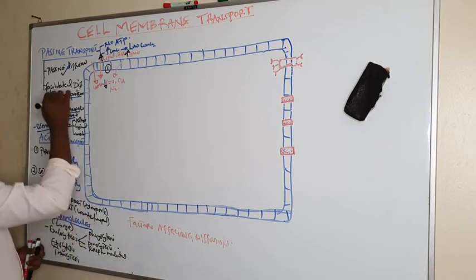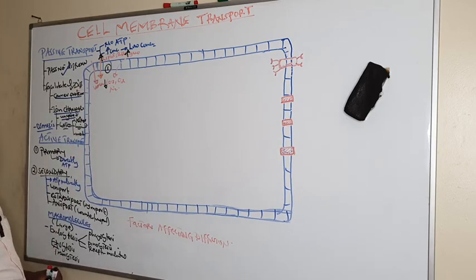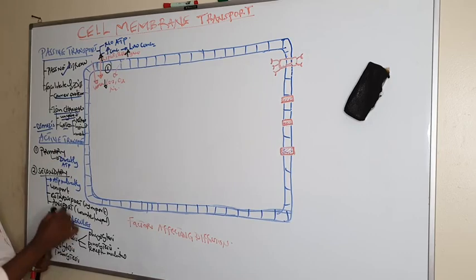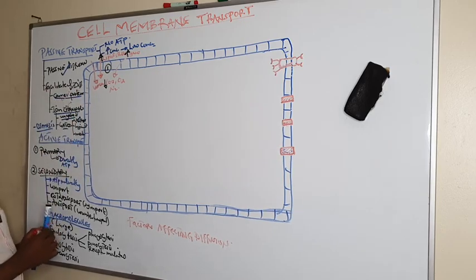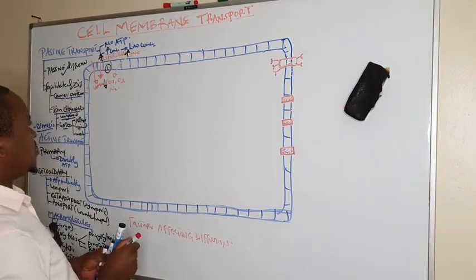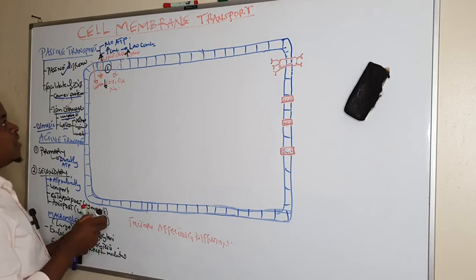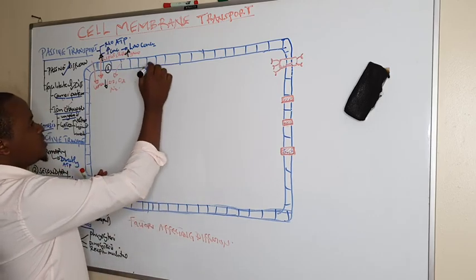Then the second one is facilitated diffusion. Under facilitated diffusion, we use either a carrier protein or ion channels. The first thing we are going to look at is facilitated diffusion by use of carrier proteins.